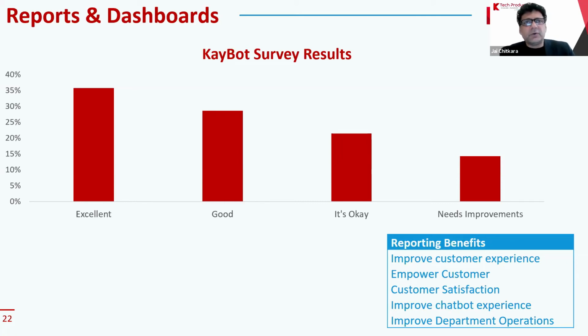Earlier, we did not know what type of questions employees are asking to which department. Now you can aggregate that data and improve the health of the organization and the department operations, where maybe there are resource constraints or something. The chatbot can become that assistant. So if implemented correctly, it can do wonders.